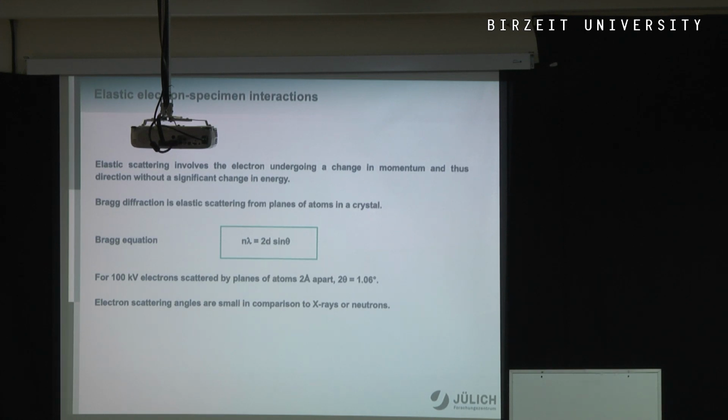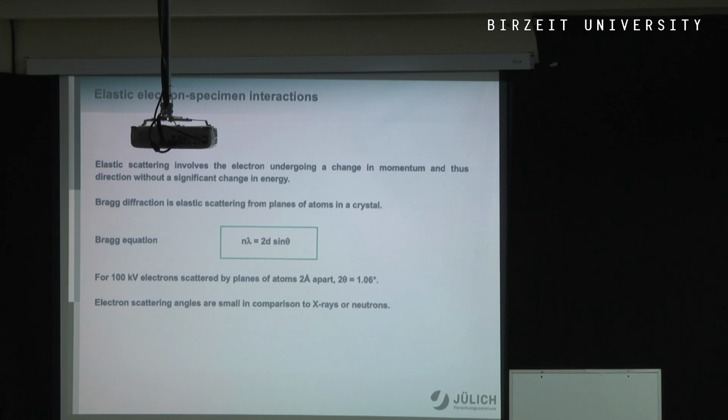One reason comes from considering the Bragg equation, which is applicable to many different types of scattering phenomena. So the Bragg equation describes the scattering angles at which you have coherent superposition of scattered intensity from different atomic planes.